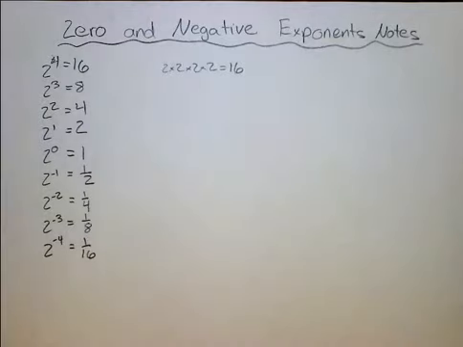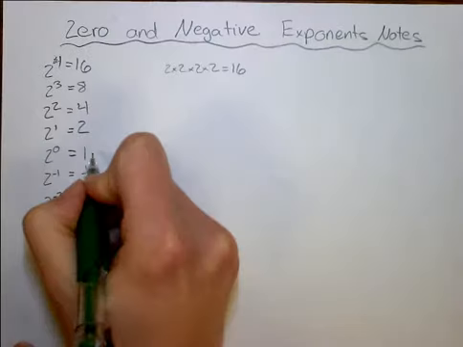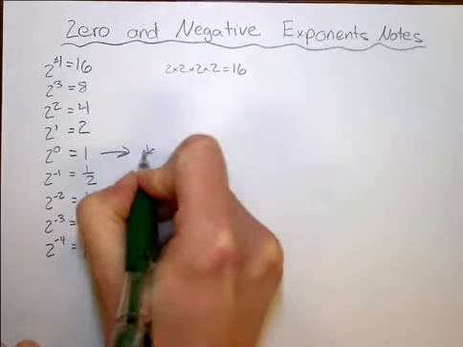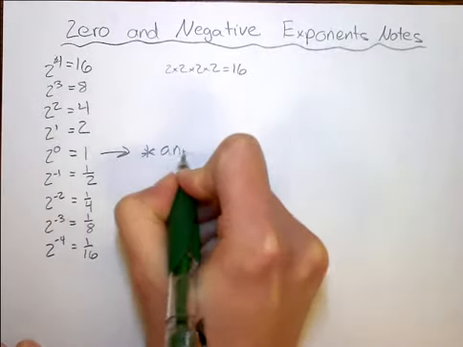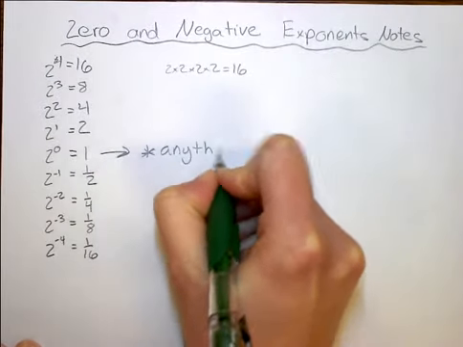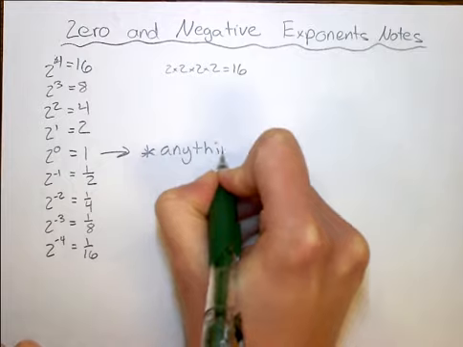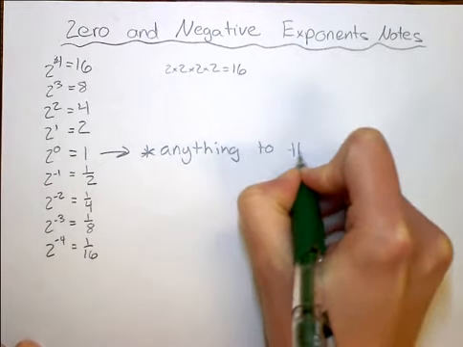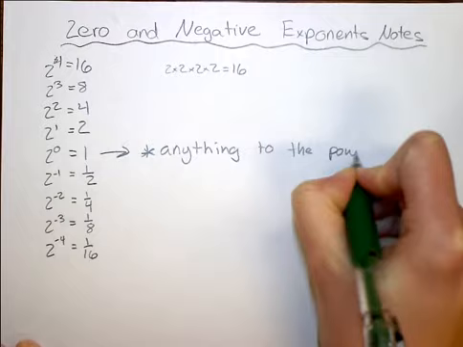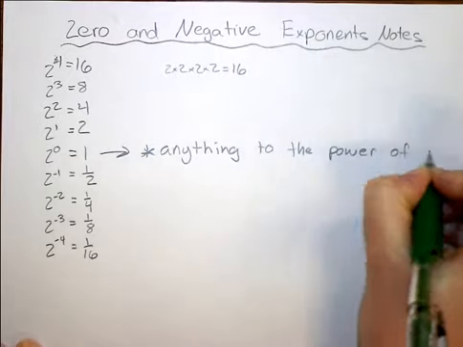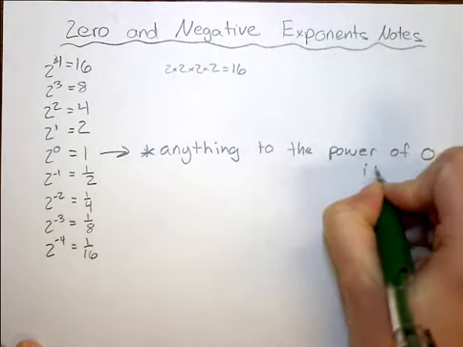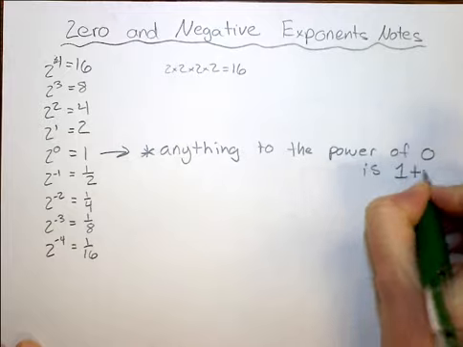And this gets us two rules. First one, anything to the 0th power is actually just 1. So anything to the power of 0 is 1.